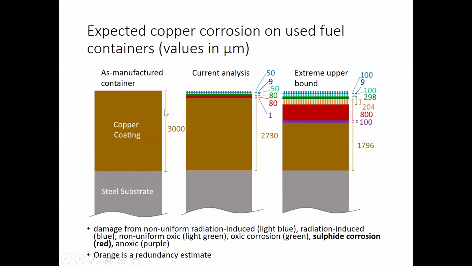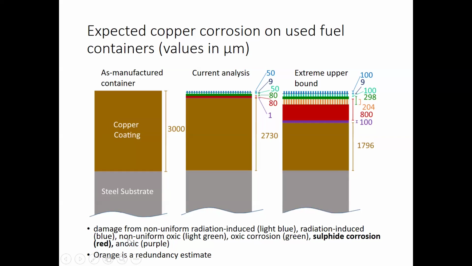So in this case, 3 millimeters of copper or 300 microns or micrometers of copper will be present on the surface of the steel when it's initially manufactured. The current analysis for what kind of corrosion we can expect is shown right here. So the blue, both the light blue and the regular dark blue, are going to account for radiation-induced corrosion.